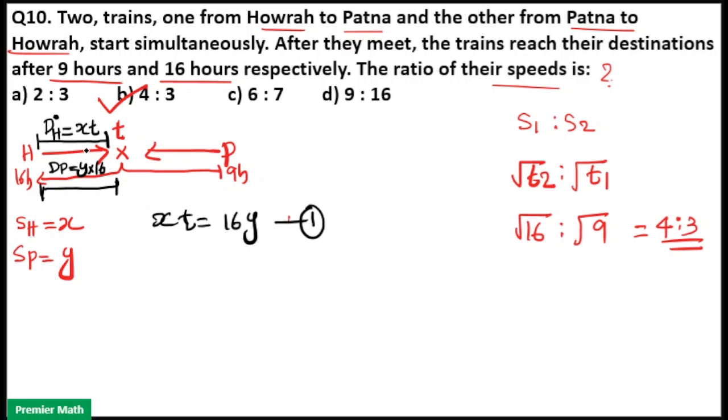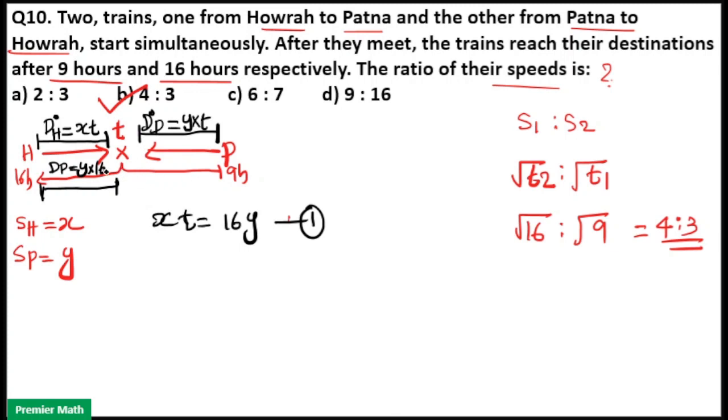In the second case, the distance travelled by the train from Patna before the meet is equal to the speed of the train from Patna into the time before the meet, that is yt.